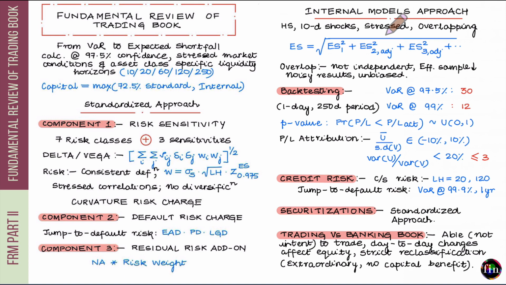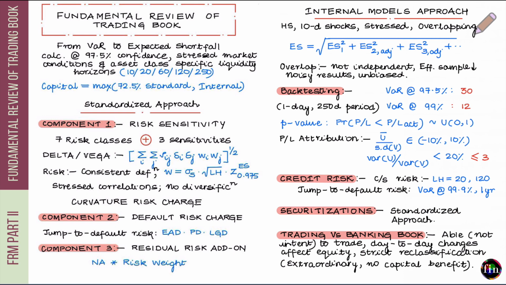Banks do have the flexibility to choose an appropriate stressful period depending on the nature of the positions in, let's say, a given risk class. Okay, so we need to compute this set of 10-day shocks using overlapping periods.